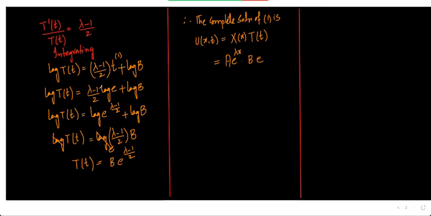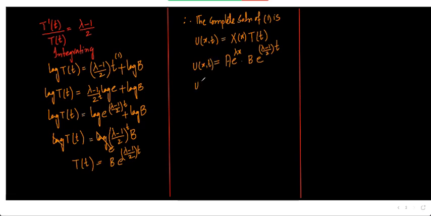T we have forgotten here. So lambda minus 1 by 2 into t. This is the value of u of x comma t.